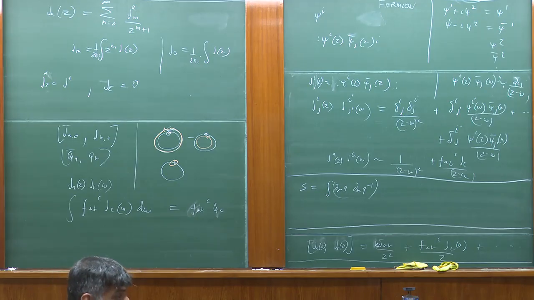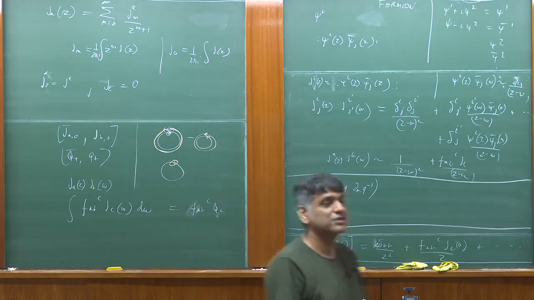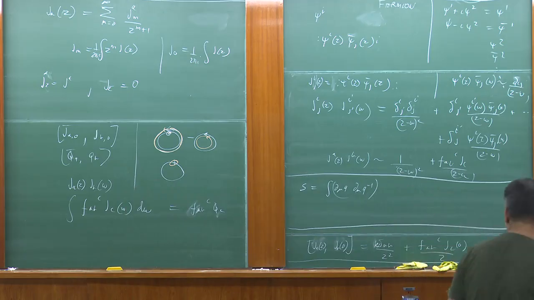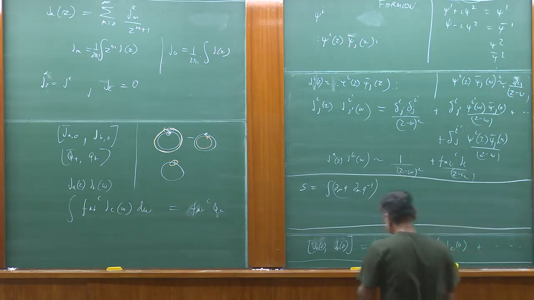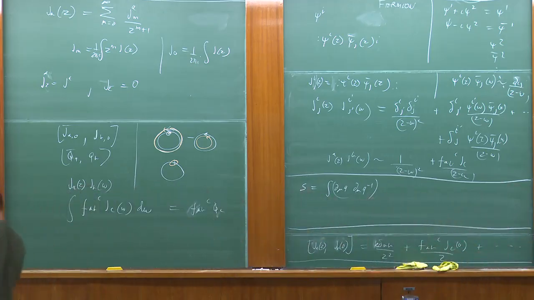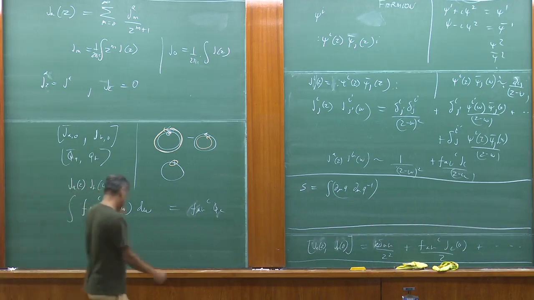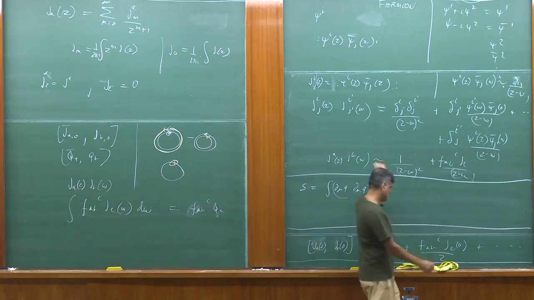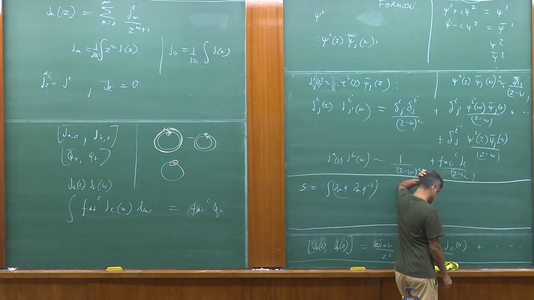But once you make this postulate, you can check that at K equals 1, there's this lovely formula for this Sugawara central charge. C is equal to, what is it?